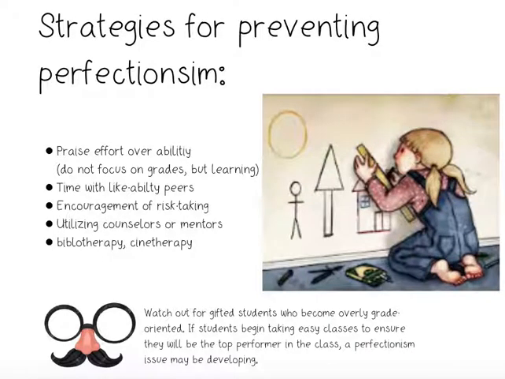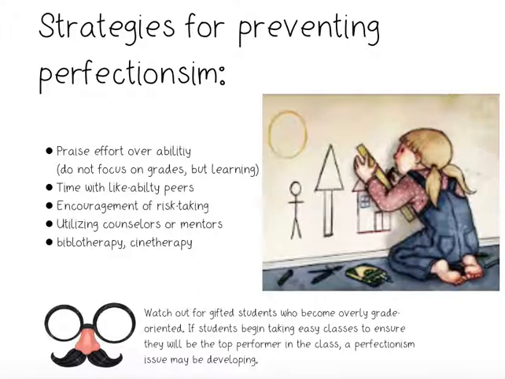Collaboration to thwart tendencies towards perfectionism can start with simply finding ways to praise a student's effort over their ability. You need to be careful to avoid praising gifted students for work that has required minimal time and effort on their part. Instead, educators and parents need to celebrate the time and the process students go through to finish a task and avoid discussing the grade that they receive on it.